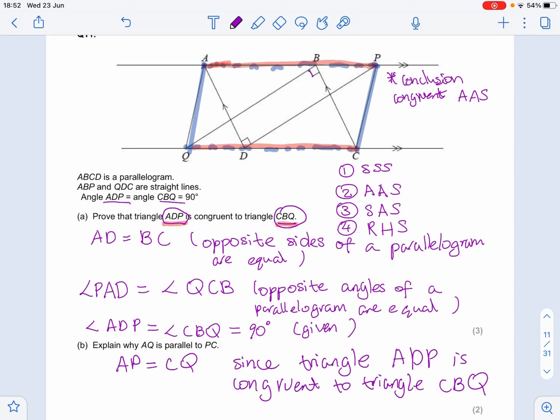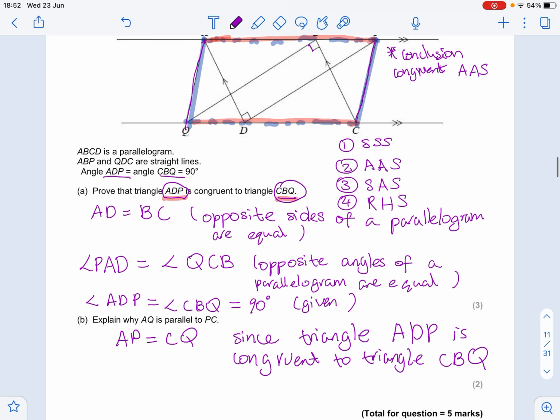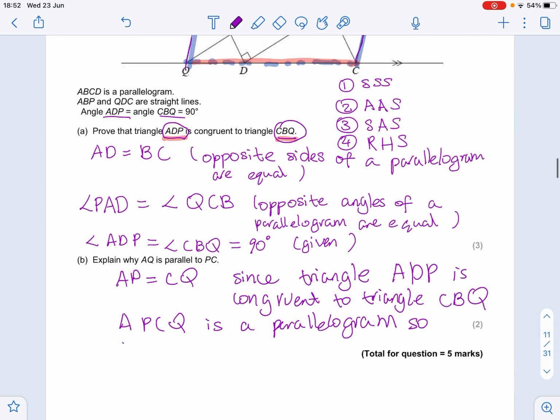Then we can say that this is a parallelogram. As we can see, those two are equal, and we have a parallelogram here. Therefore, opposite sides of a parallelogram are parallel. We can see that APCQ is a parallelogram. So opposite sides are parallel.